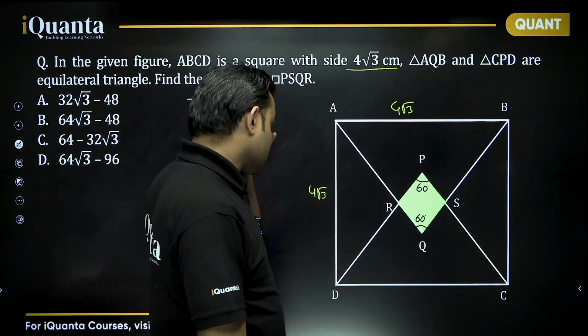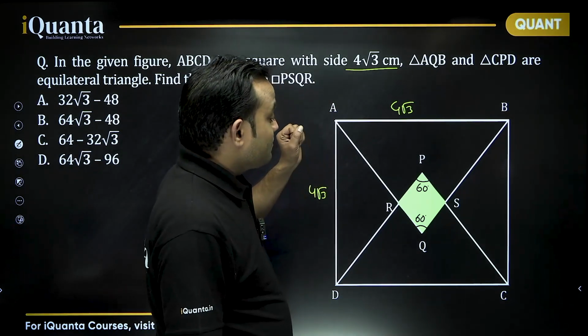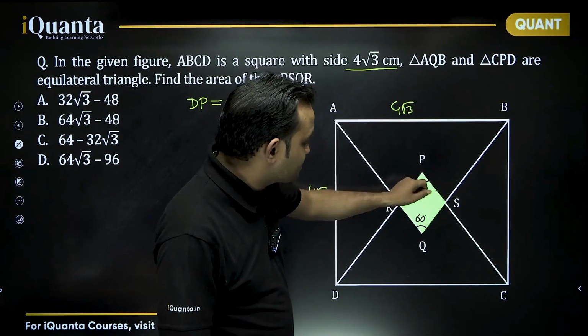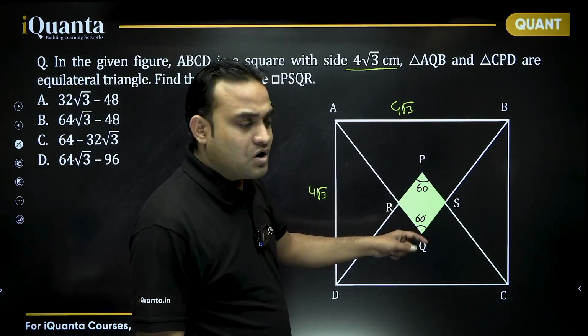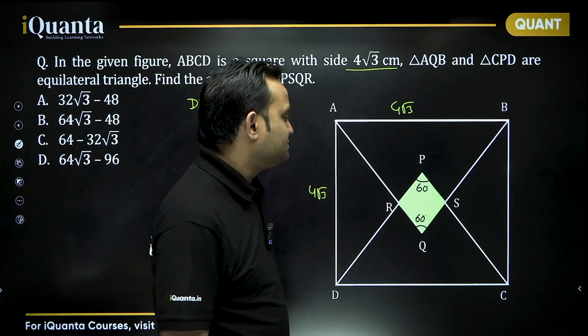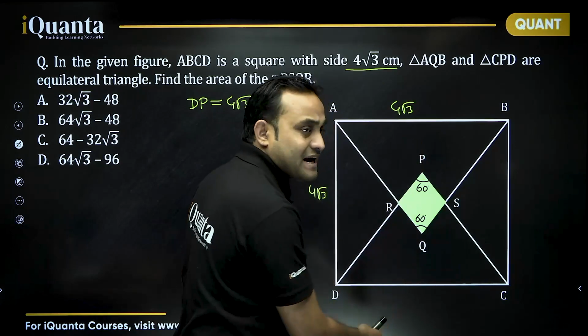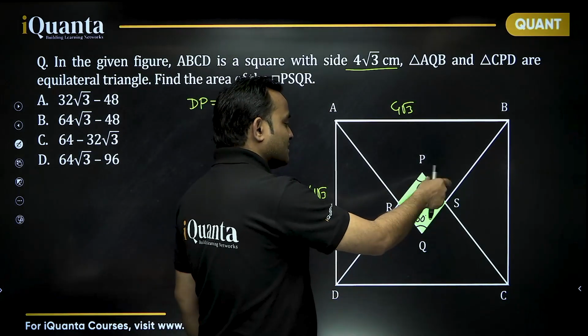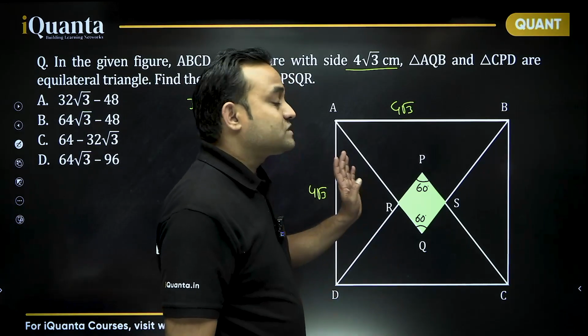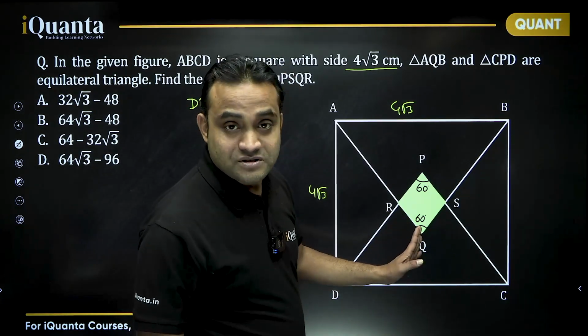Now using the concept of similarity, we can prove that PR is equal to PS, which is equal to SQ, which is equal to QR. Or you can just follow the symmetry also. Both of them are equilateral triangles. The base is the same, the height is the same. So PR, PS, QS and QR, all of them will be equal, which makes it a rhombus.